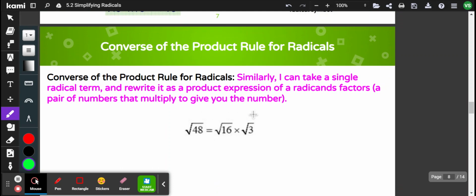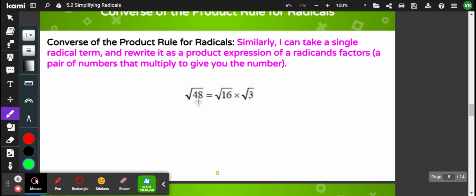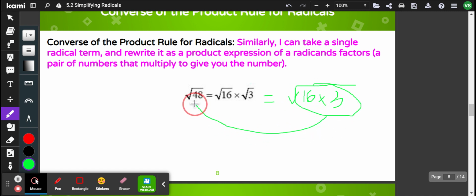Conversely, if you have root 48, that is also equal to the square root of 16 times 3, because 16 by 3 is 48.